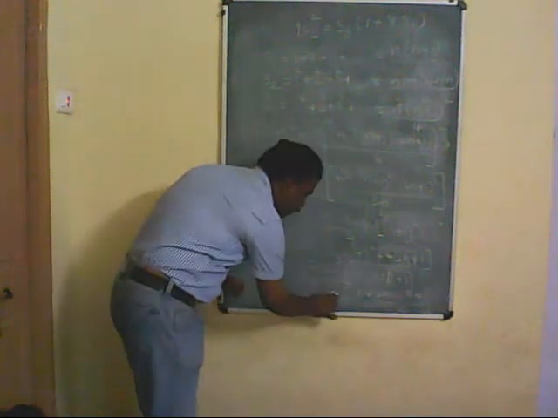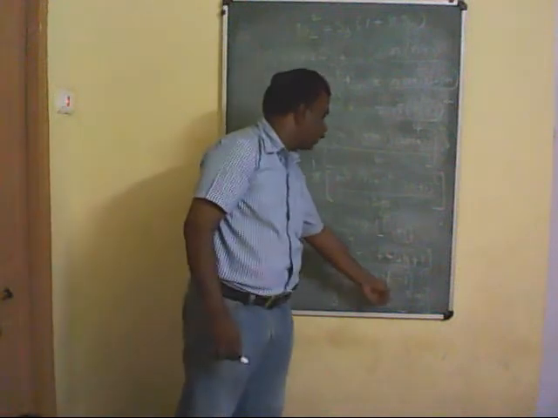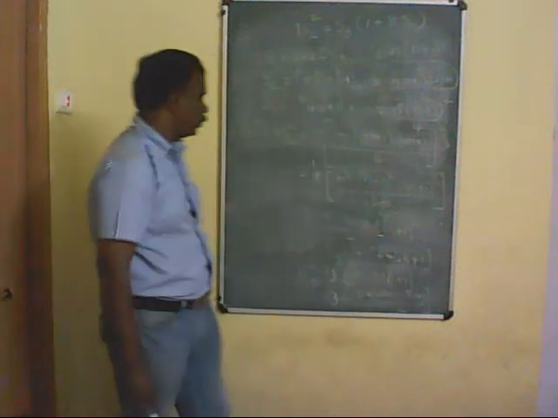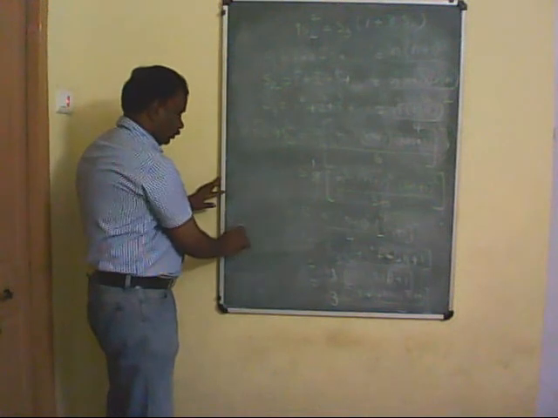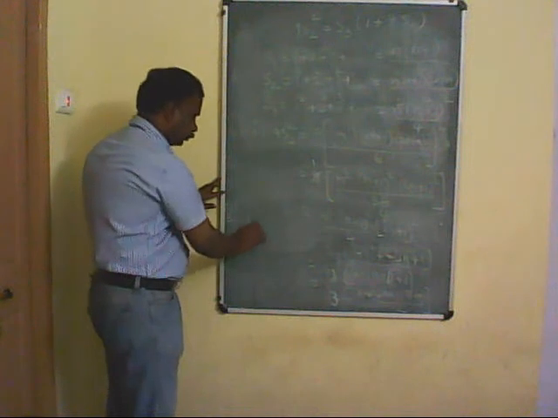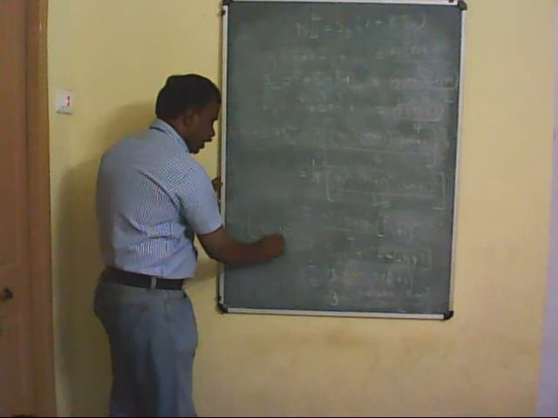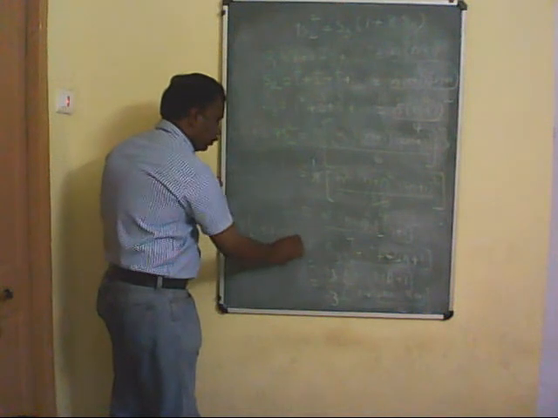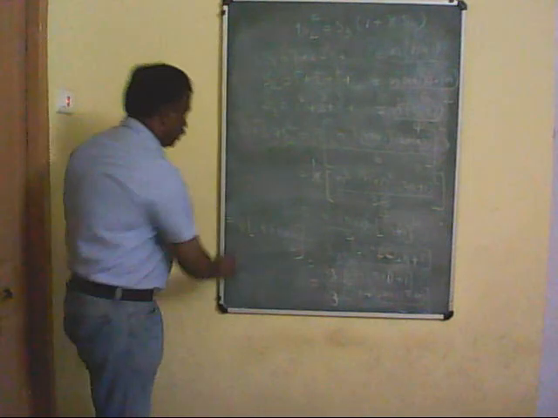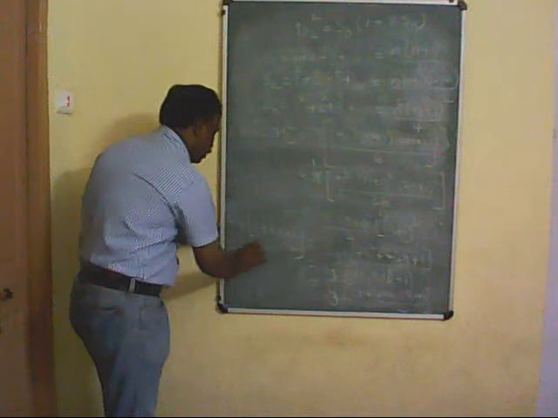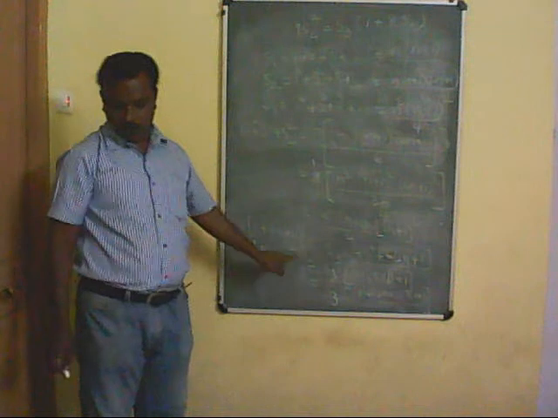S3 into 1 plus 4n into 2 into n plus 1 by 2, which if you write like this, S3 into 1 plus 4 into 2, 8, n into n plus 1 by 2. Okay, what is that? n into n plus 1 by 2 is S1.